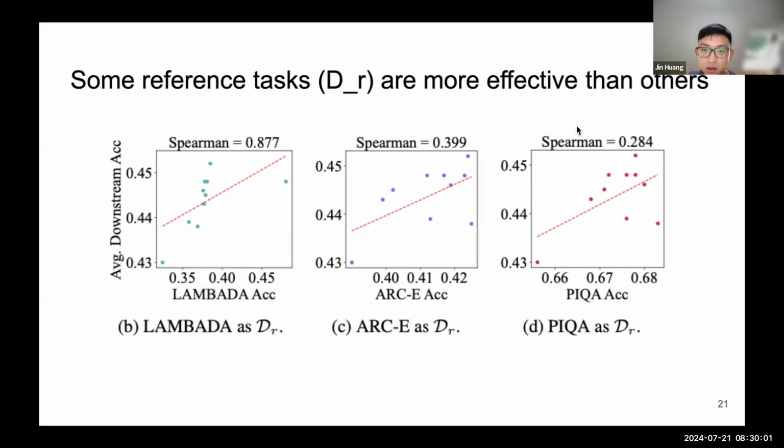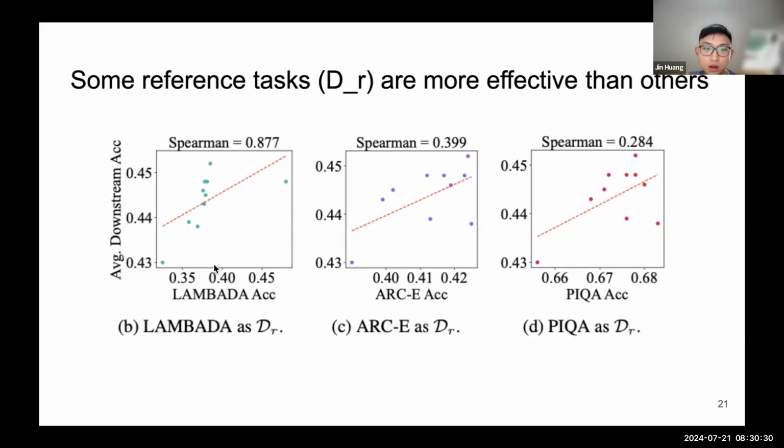So it means that choosing the most appropriate reference dataset is very important for their pipeline, right? If we accidentally choose, for example, these two datasets, then the influence scores may not be very instructive or meaningful to guide the selection of the pre-training data points.